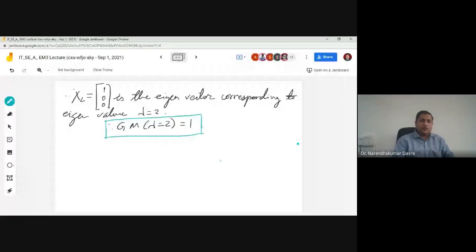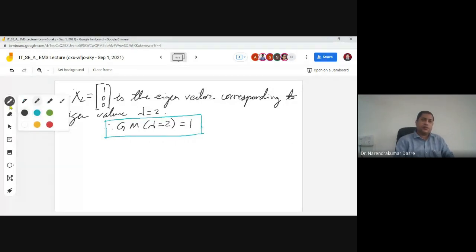And if the matrix is not diagonalizable, we are not able to find the transforming matrix. So this way we have to write the answer for this question. Here we need to give the reason why it is not diagonalizable, and then we can say that hence the transformation matrix does not exist.